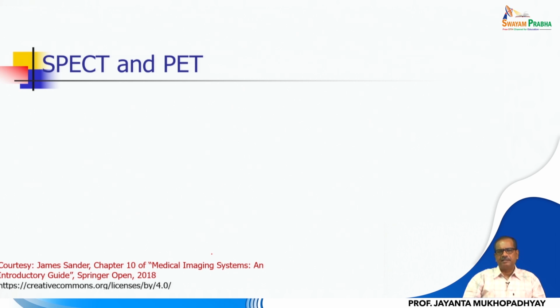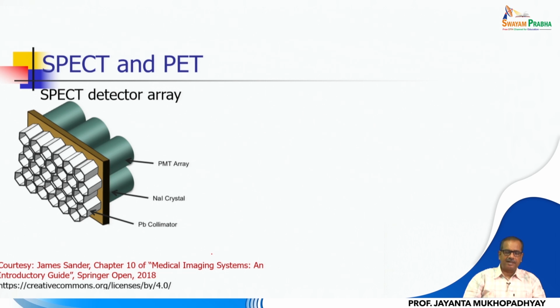Accordingly, we have devices based on single photon emission, which is called SPECT, or single photon emission computed tomography, and then positron emission tomography, or PET. The SPECT has a detector array, and this is one example of how the detector array is designed.